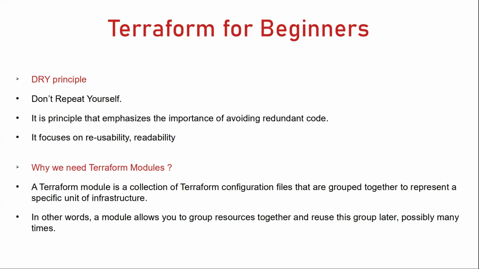So that's what the module is. It's grouping the different resources. So say if you want to create resources for AWS, Azure, Google, you can group them together, call that a module and reuse that.